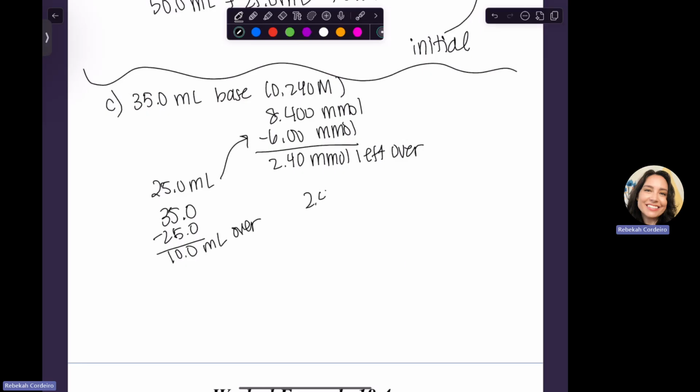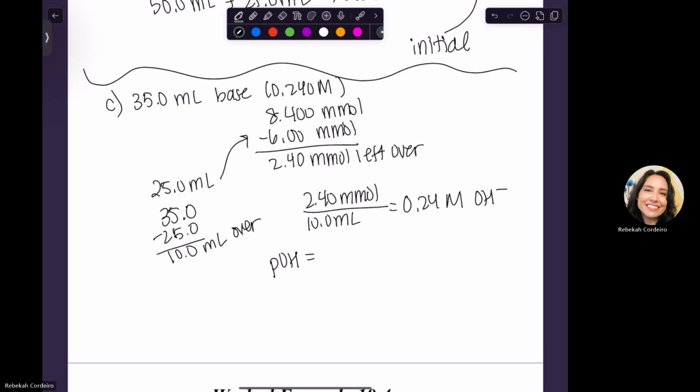So we'll take our 2.4 millimoles divided by our 10 milliliters, and we'll get 0.24 molar hydroxide. And then we'll take the negative log of that. 0.62. And then we'll get our pH.